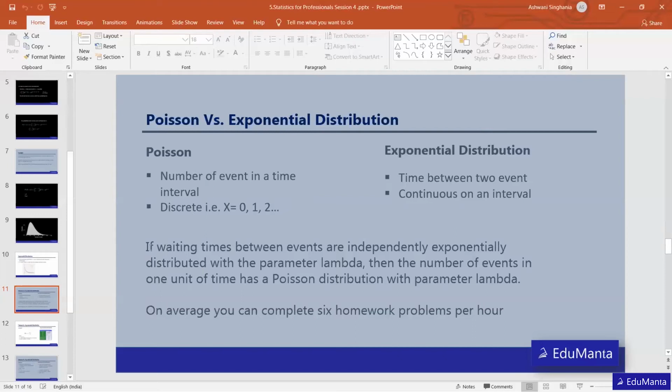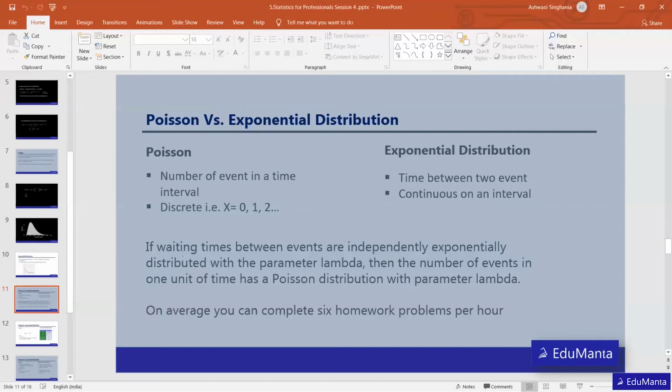So here's a small question that will further explain the difference between the two kinds of distribution. If waiting lines between two events are independently exponentially distributed with parameter lambda, then the number of events in 1 unit time has a Poisson distribution with parameter lambda.